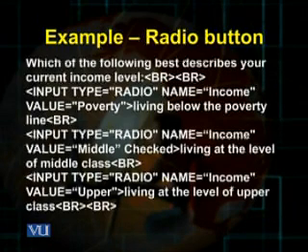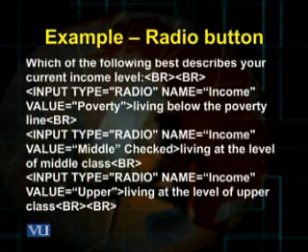So because of that, your first radio button would be created. Then the second input tag, input type, again radio, name, again income, value is middle, and this is checked. So you can see this option would be pre-checked, and I have written living at the level of middle class.